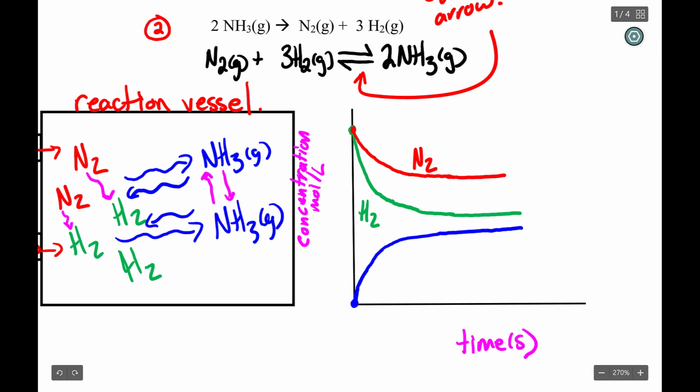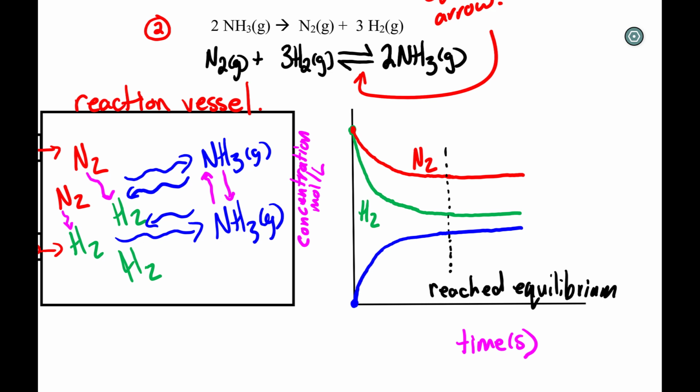Once all of these lines have flattened out, and I know it's not perfect, but it should be the same for all of them, once they all flatten out, I have reached equilibrium. Because equilibrium is when the rate of the forward reaction and the reverse reaction are equal, and the only way that that's possible is if these concentrations are constant.